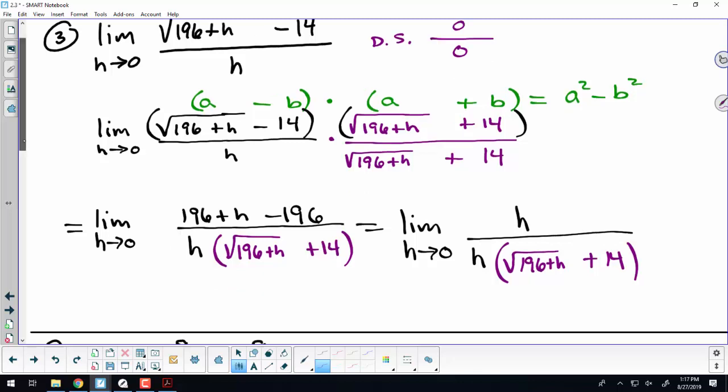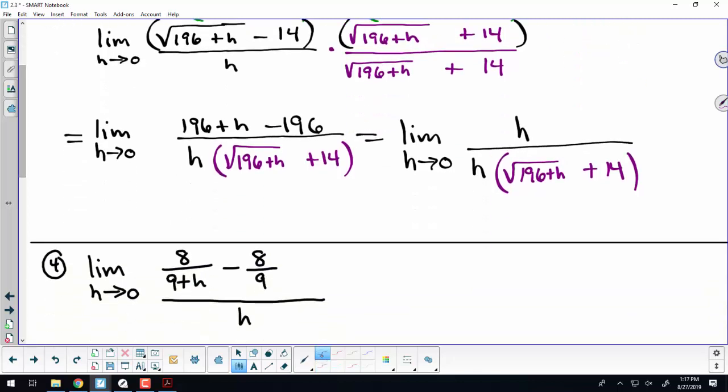So we are eliminating the issue that we had originally. Okay, so it simplifies to 1 over root 196 plus h plus 14.